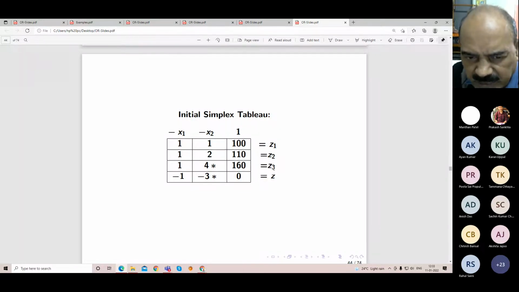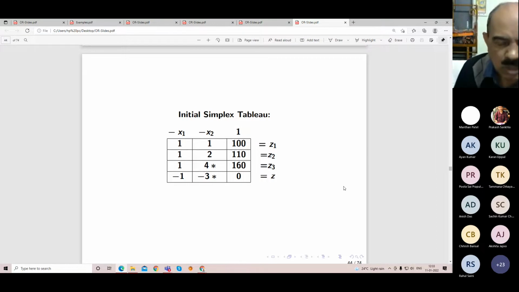This z3, whatever is going out, is called the departing variable. So x2 is the entering variable and z3 is the departing variable. Okay, that's all. Now, after re-labeling, we will try to fill up the simplex table.